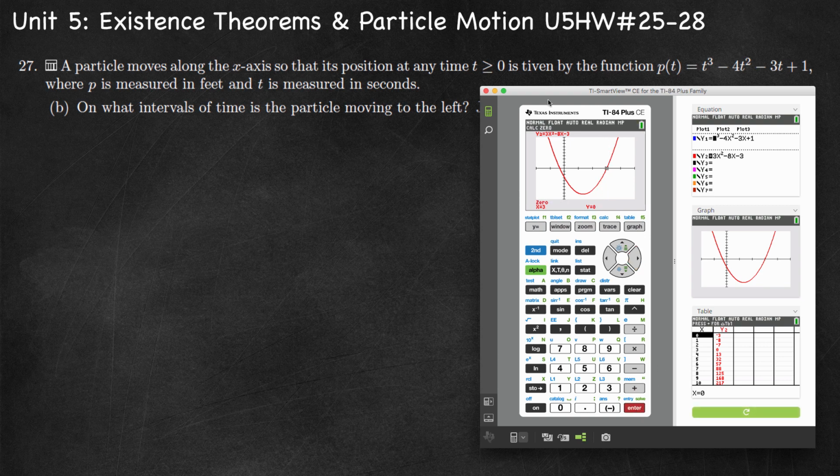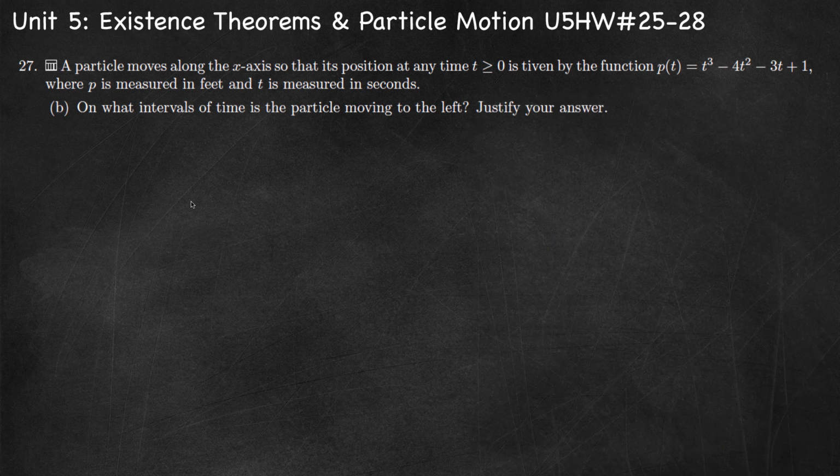And 3. Oh, that was easy. Negative 1/3 and 3. Since v of t is less than 0.